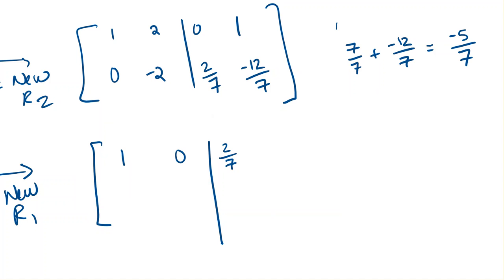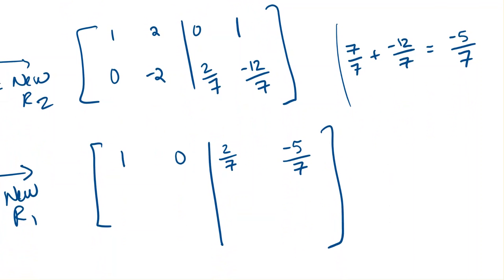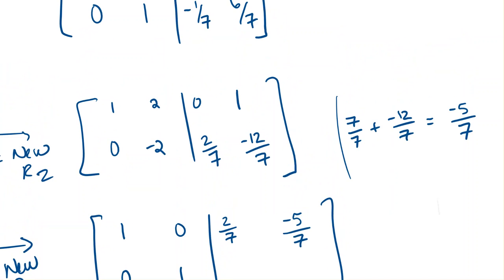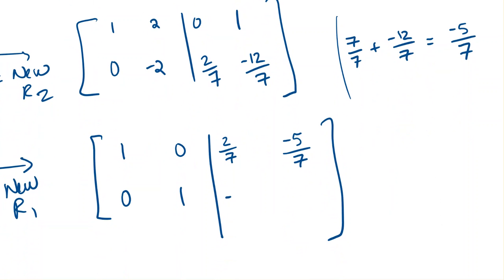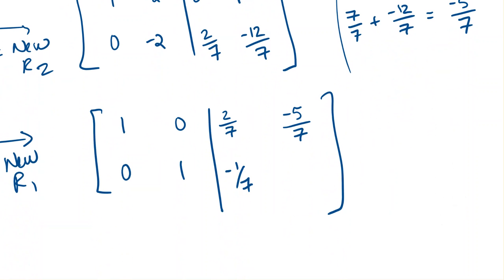Off to the side, we could do a bit of scratch work to find this: rewrite 1 as 7/7 so we can add the fractions, and we would get a -5/7. And then remember we only changed row 2 to change something in row 1, so we'll revert back to our old row 2, so 0, 1, -1/7 and 6/7.